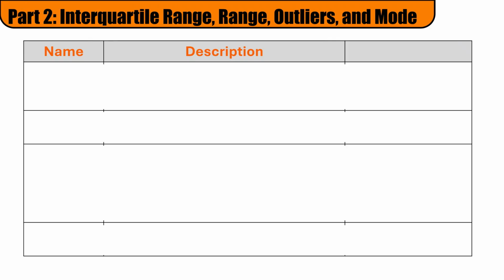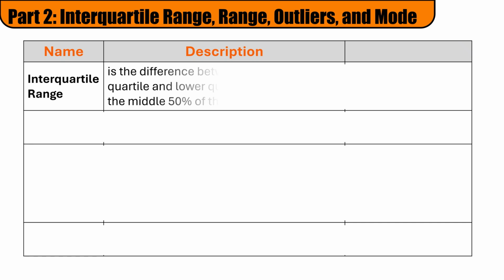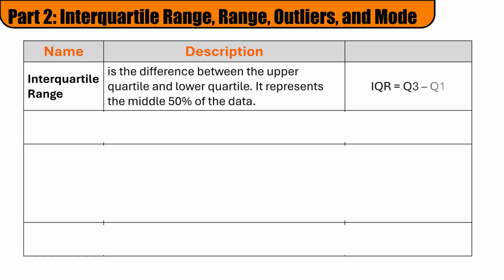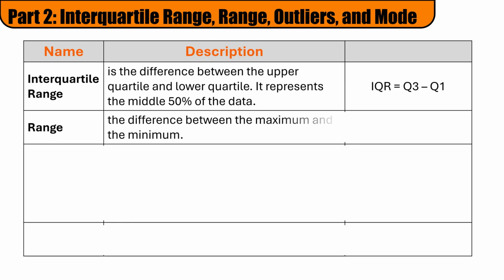Now let's look at 4 more terms we'll use when analyzing a 5-number summary. The first term is the interquartile range, or IQR. The interquartile range measures the spread of the middle 50% of the data. Next is the range. The range shows the distance between the minimum and the maximum values in the entire dataset.